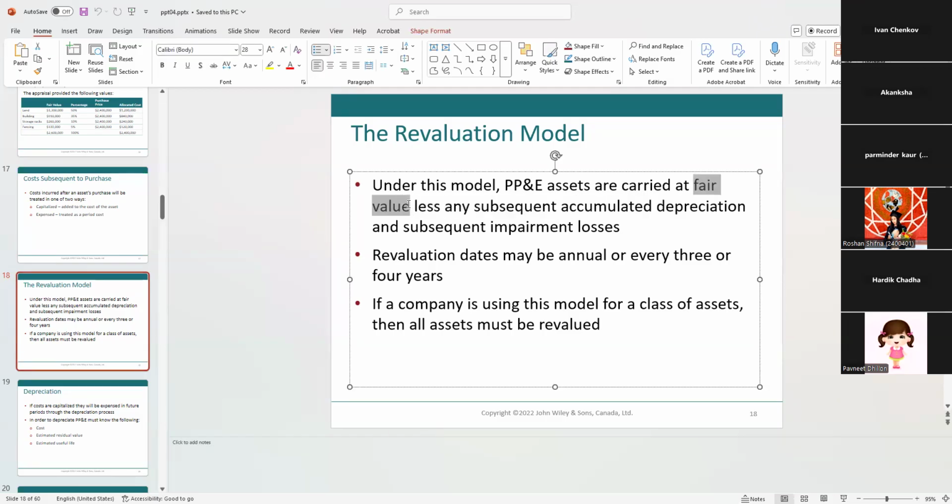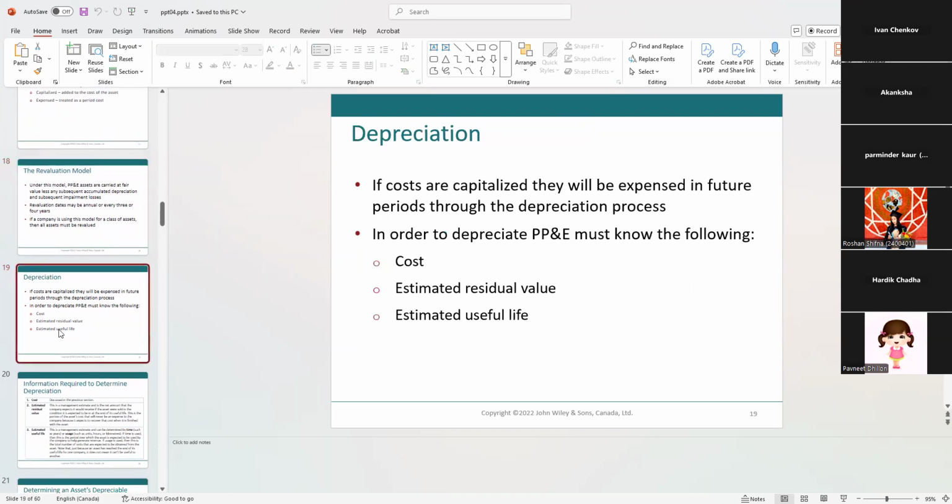In the revaluation method, we have the fair value. But once you go that direction, you have to reevaluate annually, every year, or every 3 years. And if you're using this model for a class of asset, then all the assets must be reevaluated.